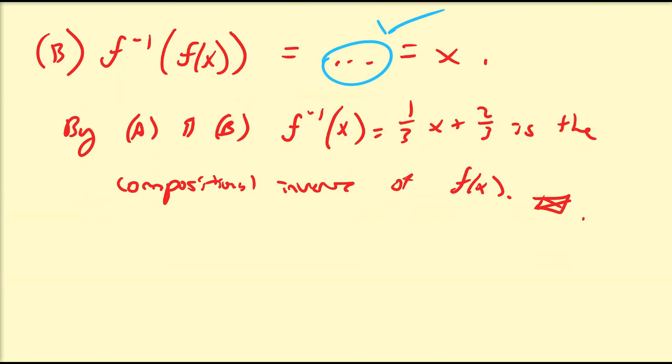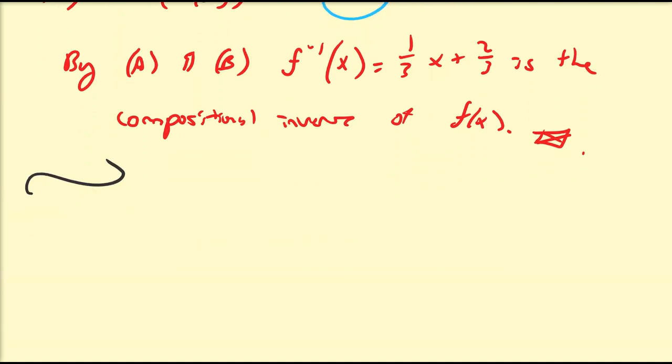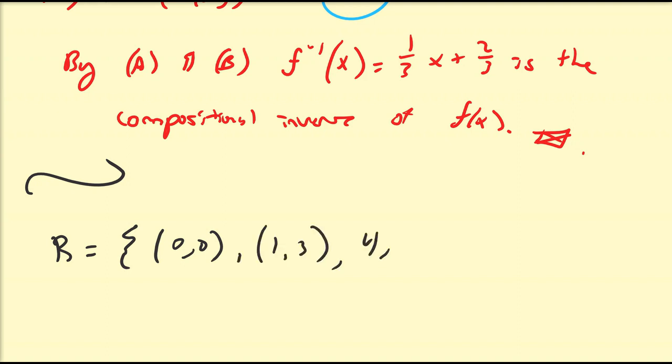So let's now look at this from the graphical perspective and see if we can get anything. I'm going to consider the relation R, which is given by the set of points (0, 0), (1, 3), and, actually no, let's not go that far out, (2, 5).